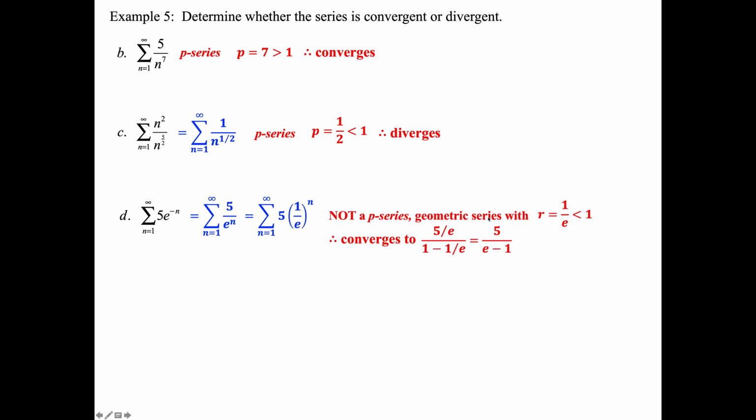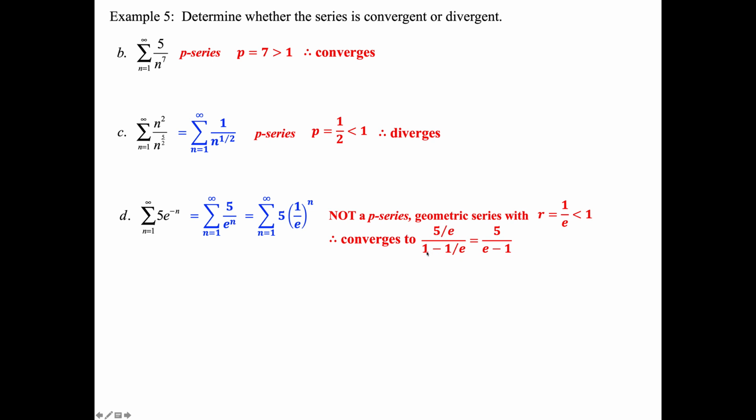And because it's geometric, we can actually find out what it converges to. So our r is 1 over e, which is less than 1. So we can use that infinite sum formula, a sub 1 over 1 minus r. So we've got to find that first term. I plug the 1 back in for n, so that's 5 over e, that's a sub 1.